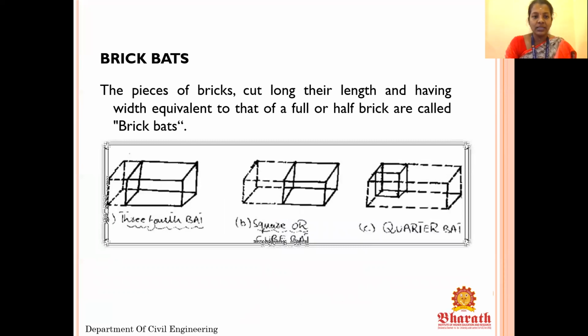In the 3/4 bat, as the name describes, a quarter part of the brick is cut off. Whereas in the square or cube bat, it is cut into equal halves. In the quarter bat, only the edges of the brick are cut.